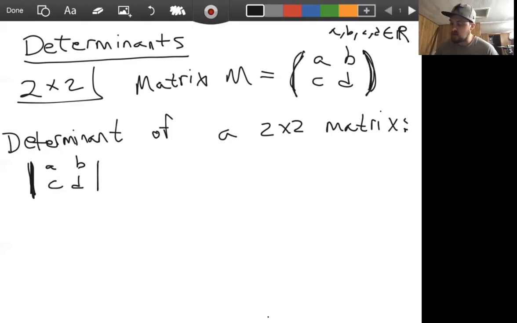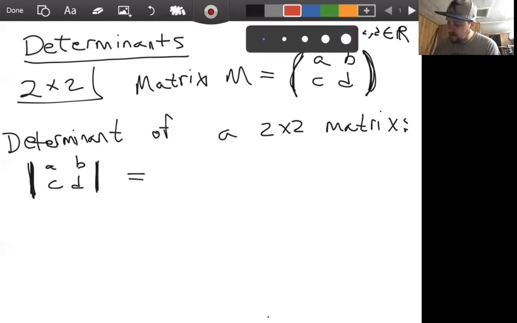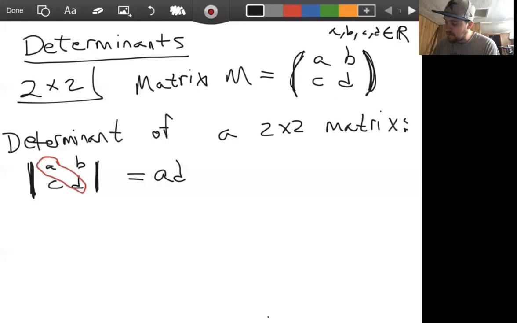When we're actually taking the determinant, we indicate it with vertical lines. And the determinant of a 2 by 2 matrix is defined as you take the product along the diagonal, so we get AD, and then you subtract the anti-diagonal, which is BC. So the determinant of a 2 by 2 matrix is AD minus BC.